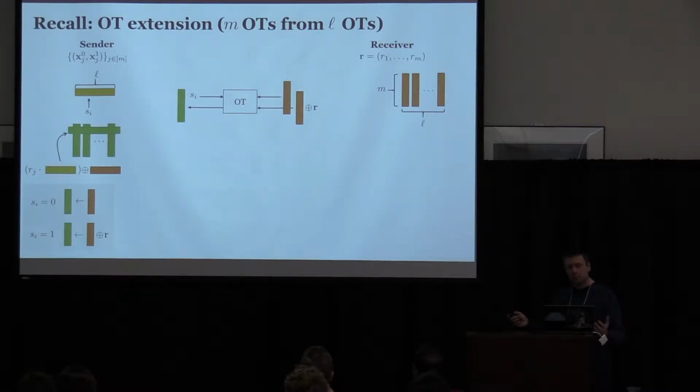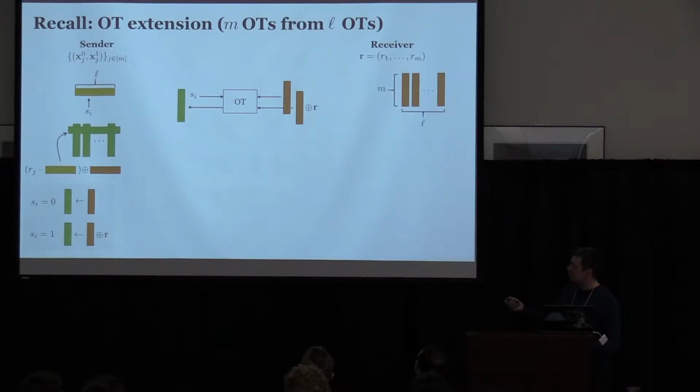The very cool observation here is that if you look at what the sender received row-wise, then you can see that for this row there are two options for what could have happened.